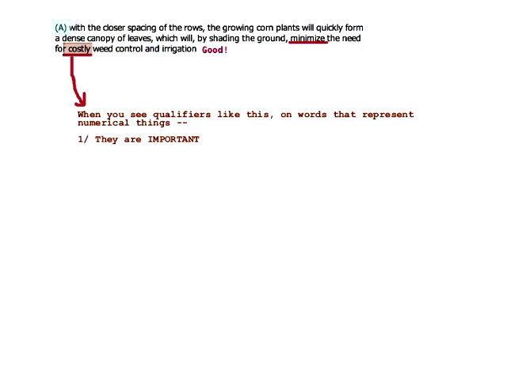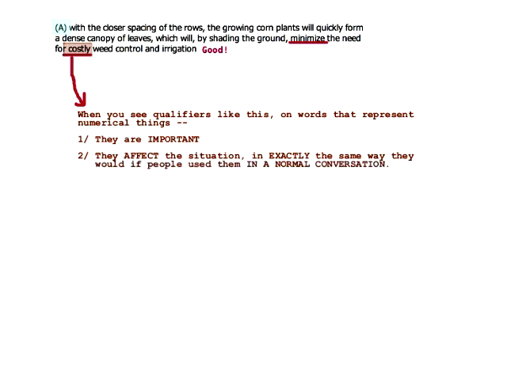The second thing about that is they affect the situation in exactly the same way they would if people use them in a normal conversation. For example, imagine you were talking with someone who actually is a corn farmer, about this exact topic of profit per acre, and the farmer said, well, dude, weed control and living and irrigation cost a lot.